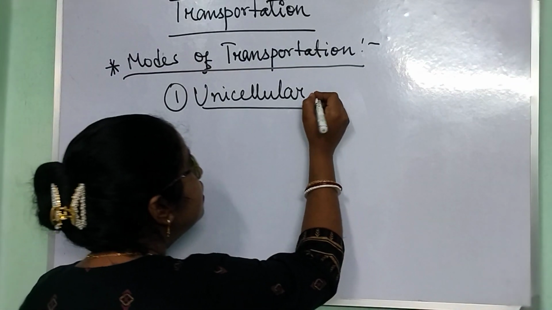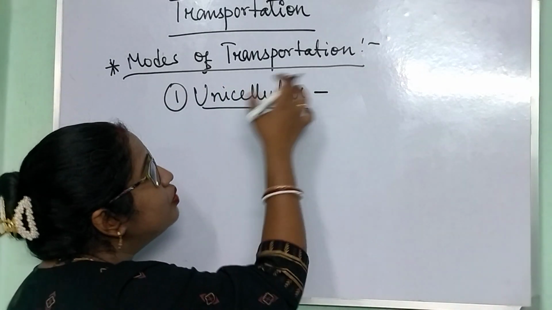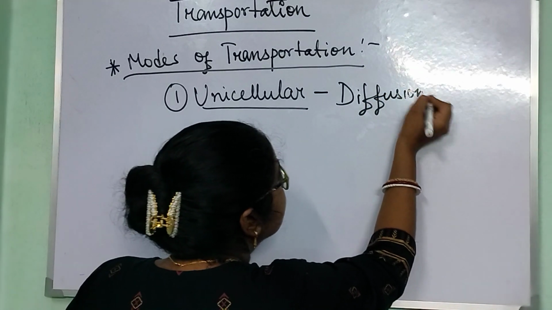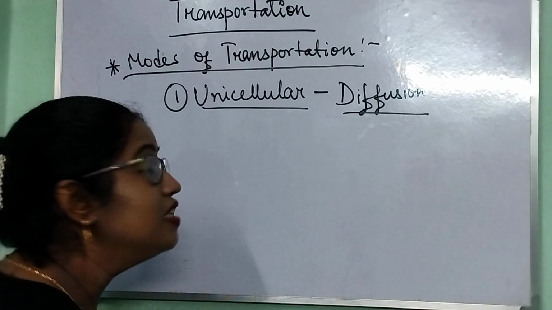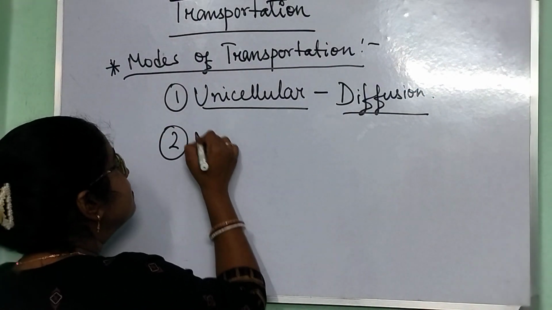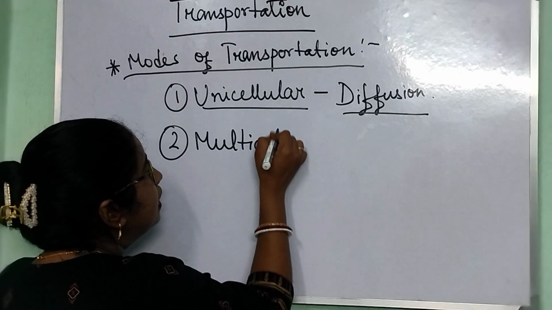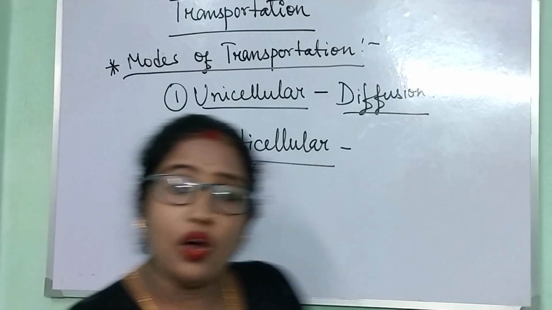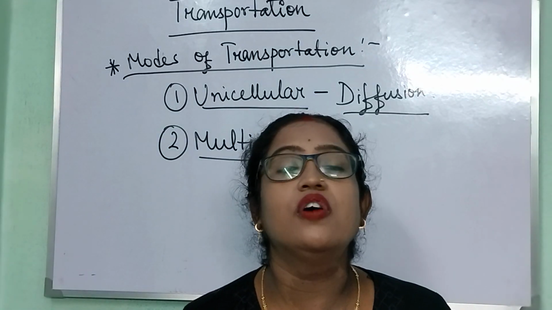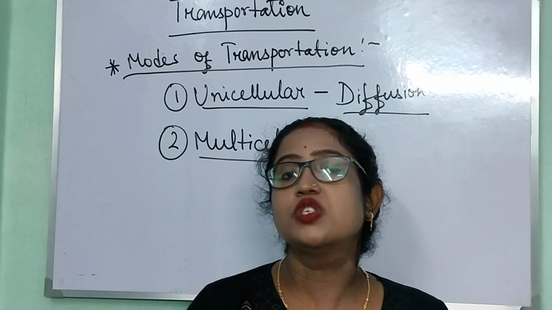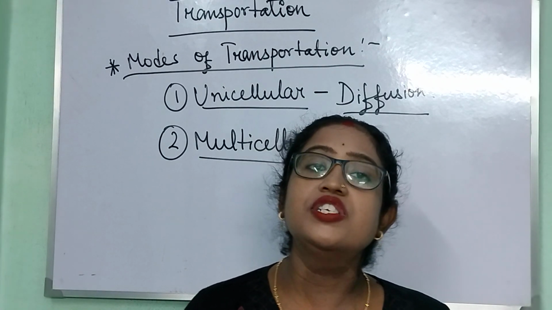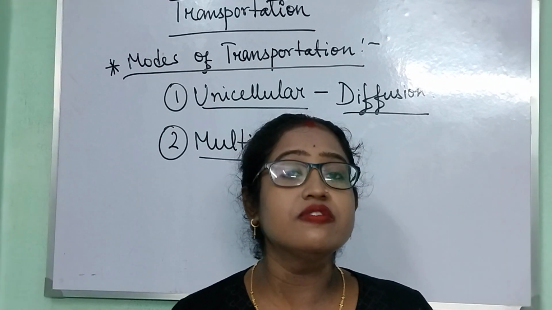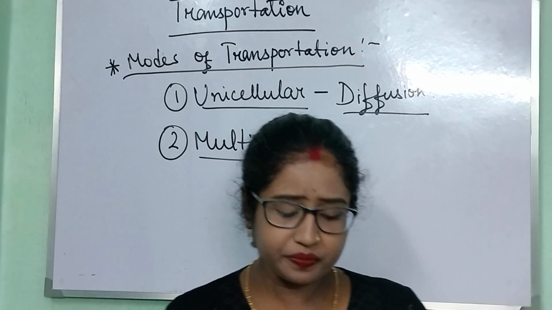So, in unicellular organisms, the mode of transportation is the diffusion process. And in the case of multicellular organisms, they have developed a very special kind of system in their body to transport all these necessary essential elements from outside to inside their body, as well as to discard the waste material.